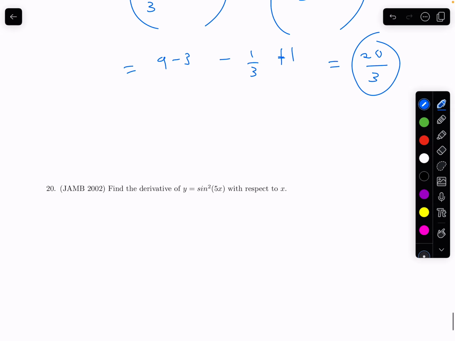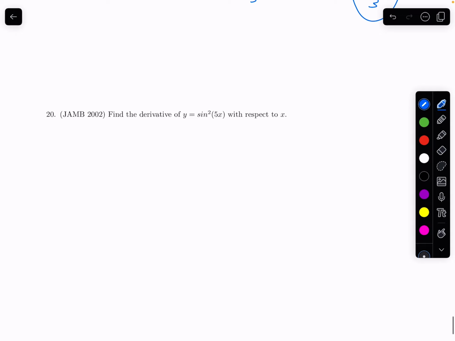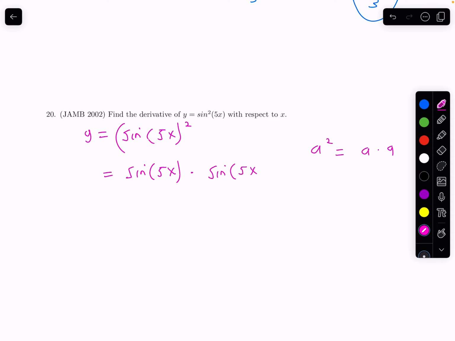And lastly, we want to find the derivative of y is equal to sine squared 5x. This is the same thing as sine 5x squared. Remember, a squared is the same thing as a times a, so this expression is sine 5x times sine 5x.